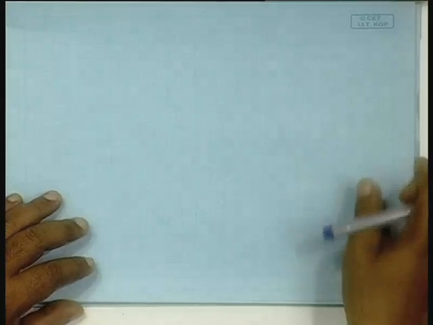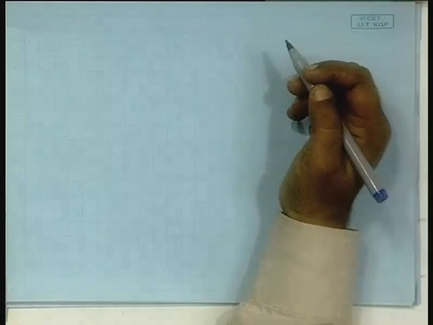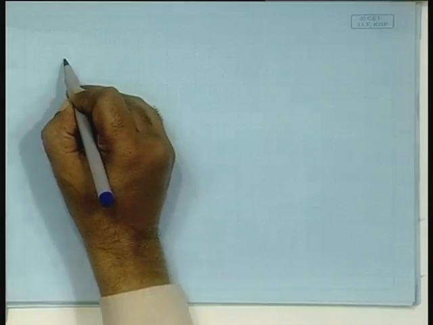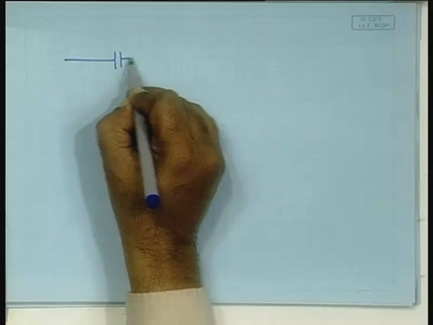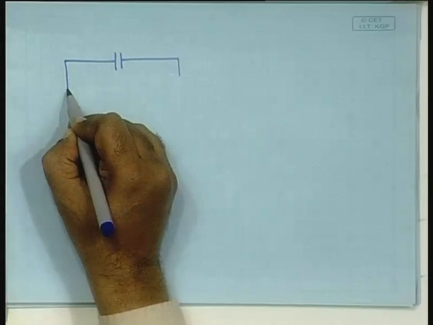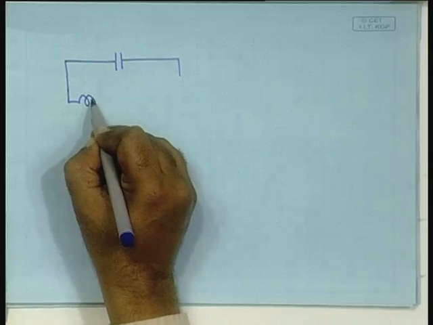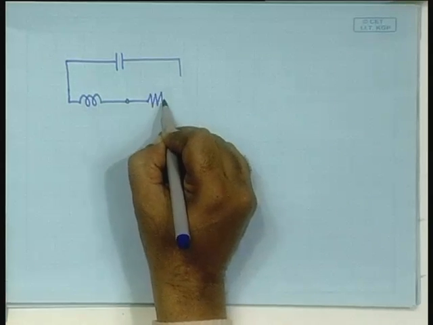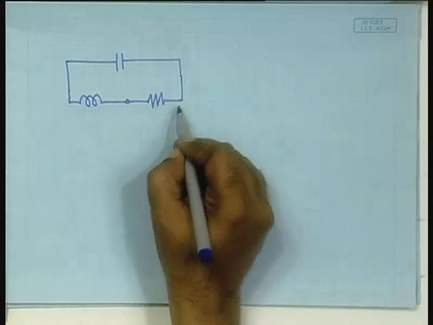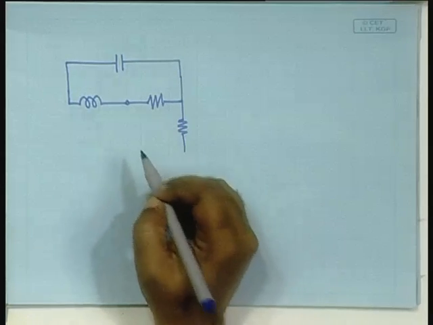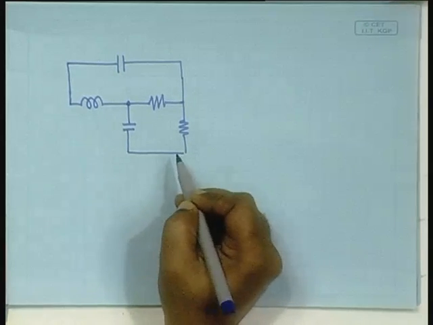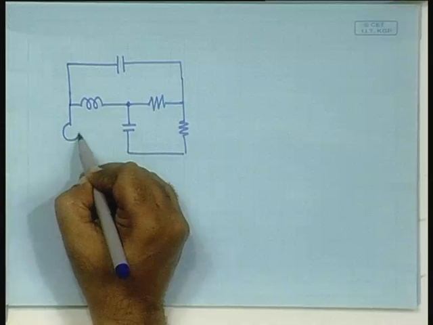Now, let us solve one typical electrical circuit problem to illustrate how this method helps in obtaining the electrical circuits. Let there be resistance here, let there be another resistance here, let there be capacitance here, and let there be a voltage source here.